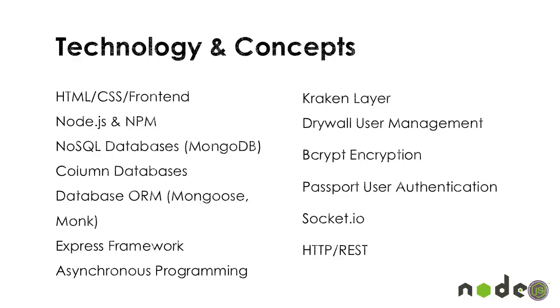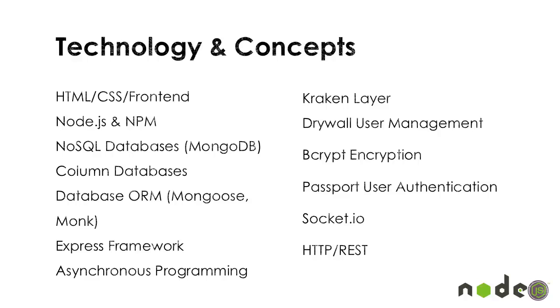We'll be dealing with the Express framework in most of our projects. That's basically a type of, I guess, MVC layer or framework that sits on top of Node and deals with routing, things like that. Asynchronous programming, JavaScript in Node uses asynchronous programming by nature, so callbacks, things like that.